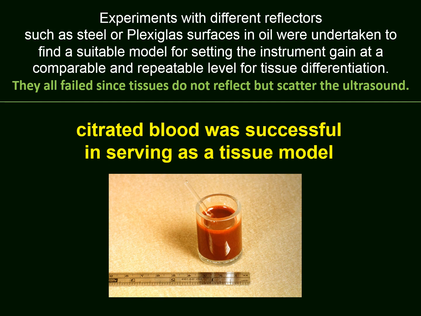Beginning in the late 60s, we used at the eye department of the University of Vienna citrated blood as a successful tissue model in serving to determine tissue sensitivity or to set an instrument at tissue sensitivity.